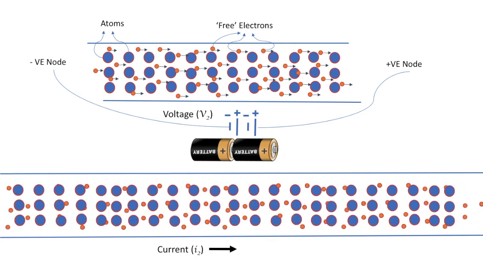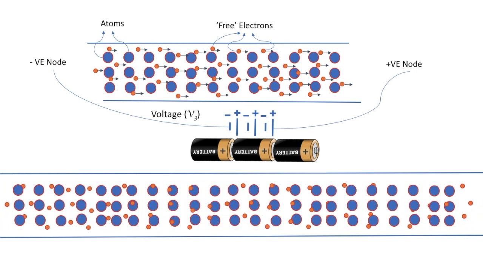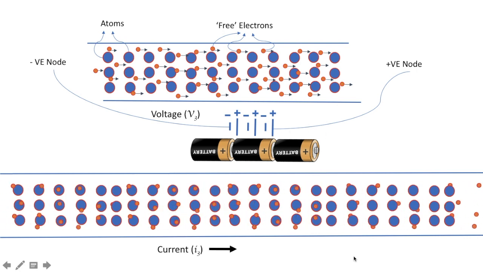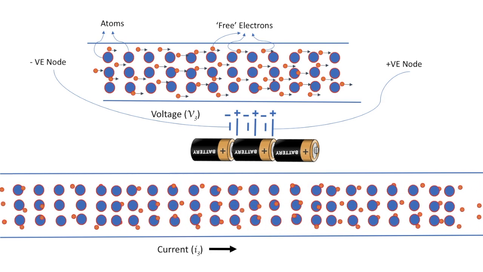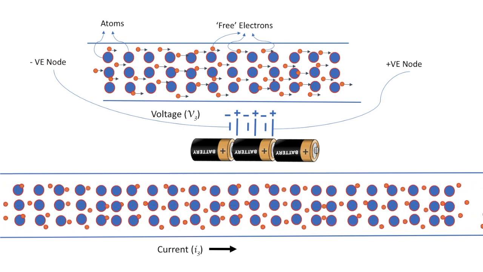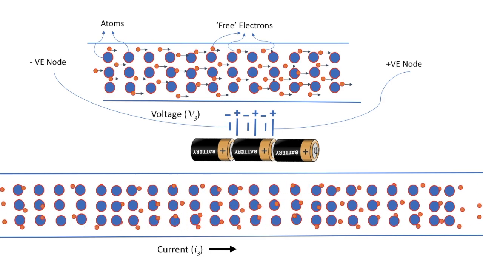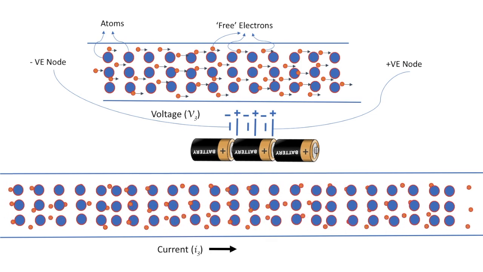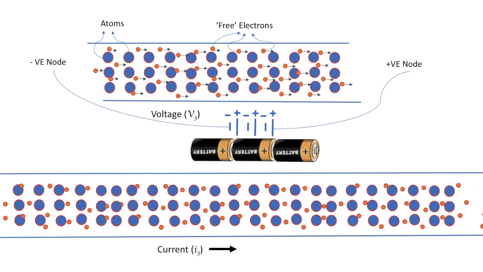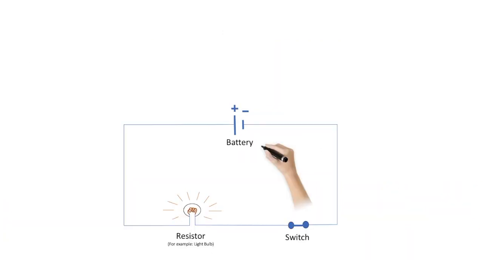What if we added a third battery? Do you think that might have any effect? Let's try it out. If we add a third battery in series, let's see what happens to the electrons. Wow, now the electrons are flowing even faster. There is a huge current of electrons flowing through the wire. As we kept adding batteries, which means we kept increasing the voltage, we got more and more current.